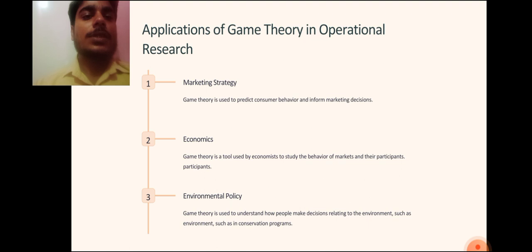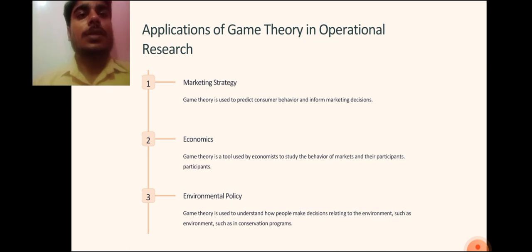After that, environment policy: it is a very important application in operational research, used to understand how people make decisions relating to the environment, such as environmental factors and conservation programs.